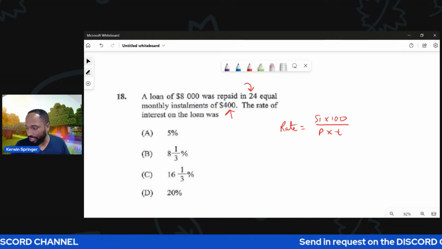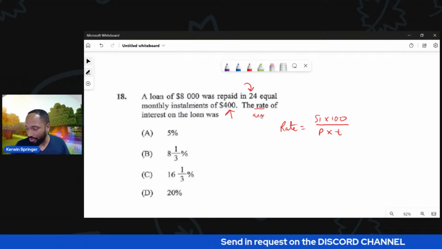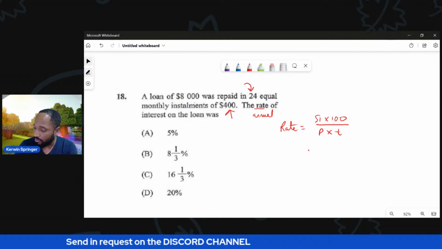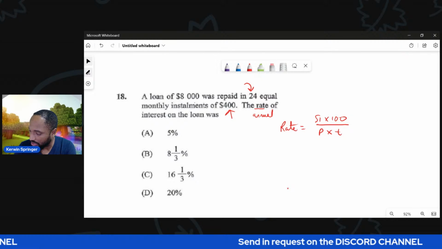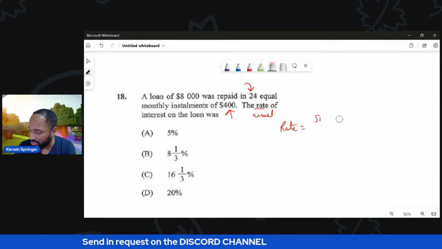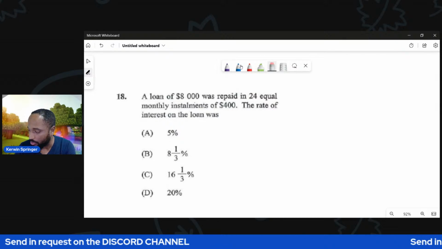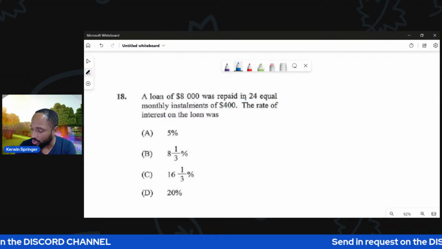So I'm assuming that this rate is annual, as most CXC rates are. A loan was repaid in, oh no, sorry, this is not what they want you to do. I just jumped the gun. They don't want that formula. They just want you to actually work out the amount.